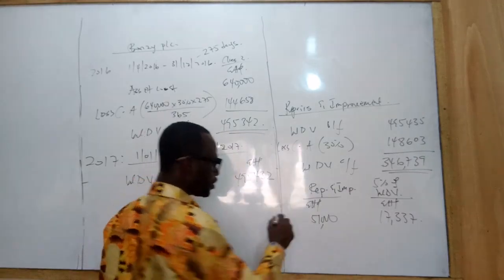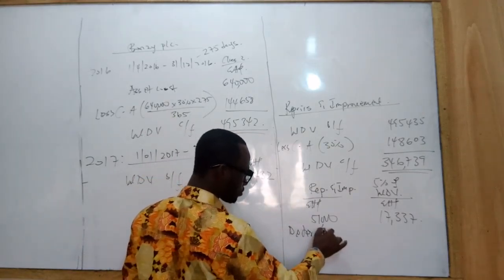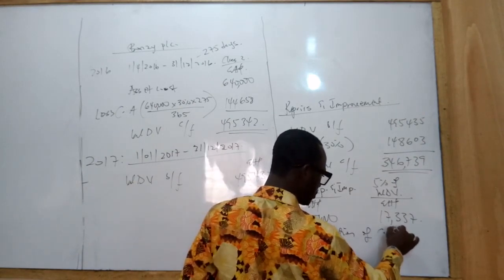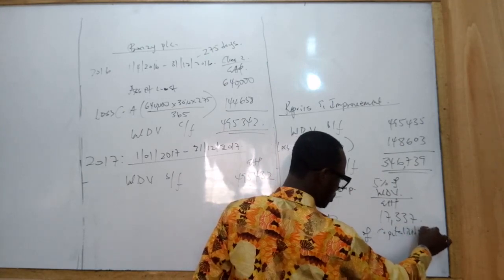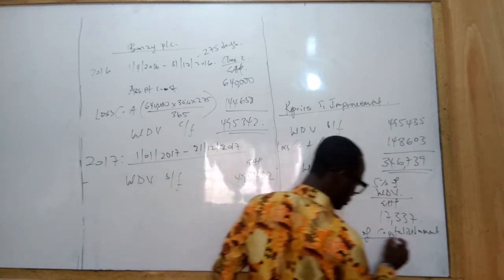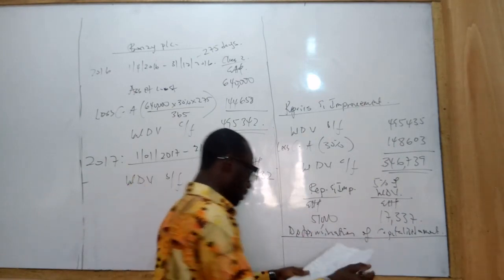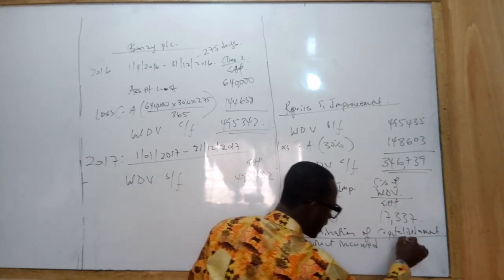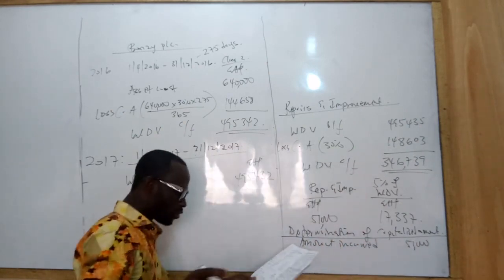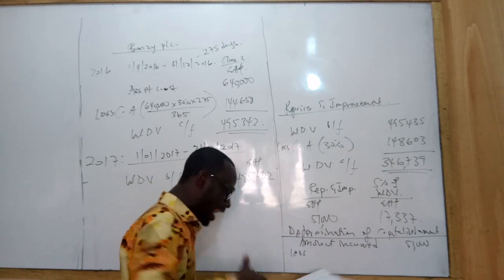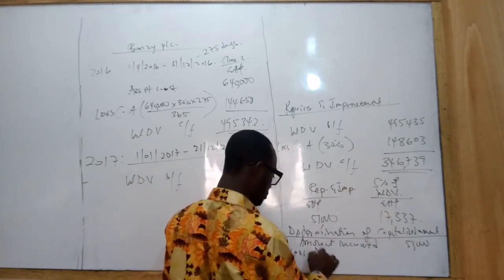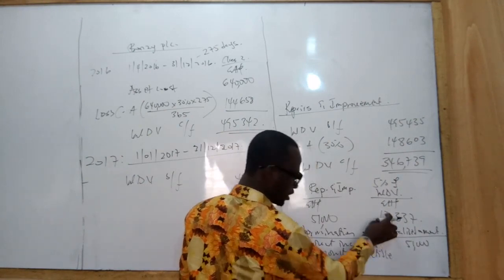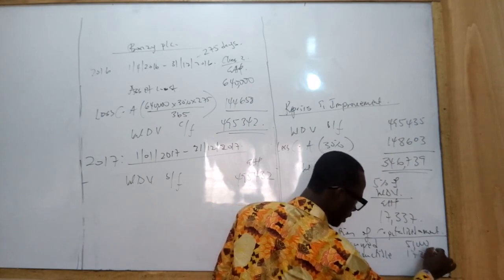So, determination of capitalized amount. If we want to determine the capitalized amount, simple. It's going to be the amount incurred, without a doubt, that is 51,000. Then we subtract the amount allowable or deductible, which is this figure, 17,337.